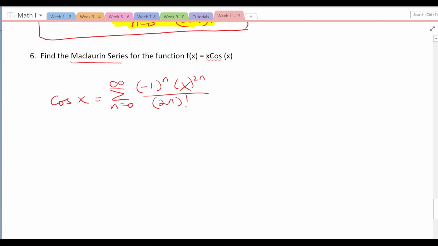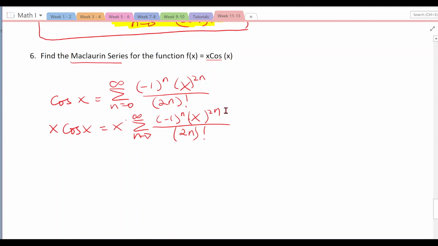And then x cos x is therefore x times whatever the series is, negative 1 to the power of n times x to the power of 2n over 2n factorial. So we bring x in here: x to the power of 1 multiplied by x to the power of 2n, and therefore we have x to the power of 2n plus 1.